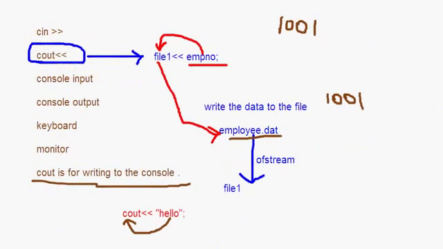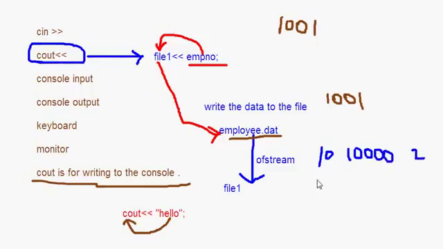I have tried to make this clear by using your cin and cout, which are the normal things you have been using. The same way, instead of cout, now it is file1. File1 is the output stream. Inside this particular file, you will have data like this. 10 is the employee number, supposing the salary is 10,000, and the department number is 2.